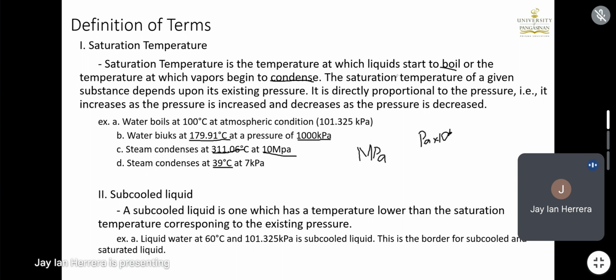Yes, steam table. Sir, what was MPa again? Megapascal. Only the prefix changed, from kilo to mega. Thank you, sir.